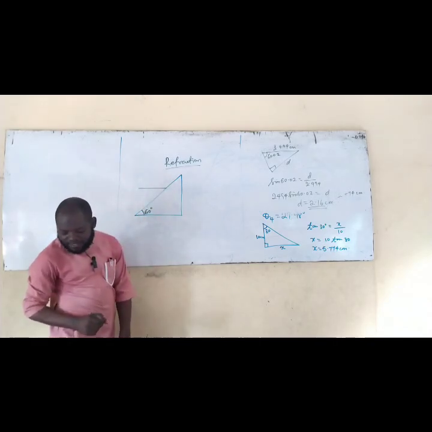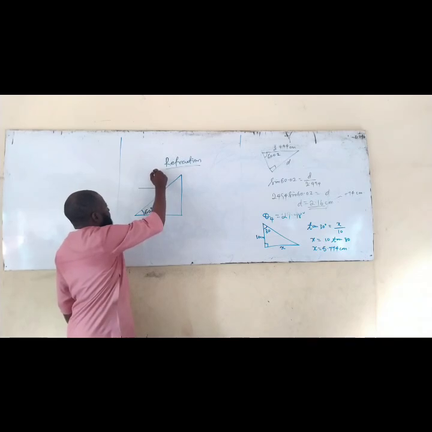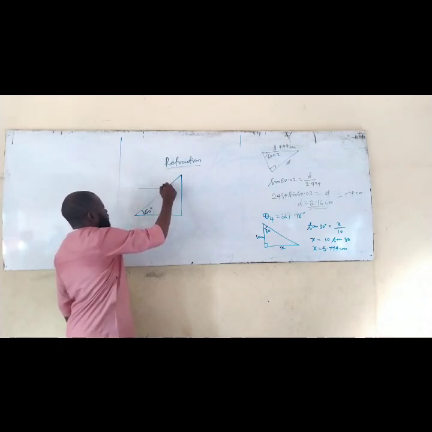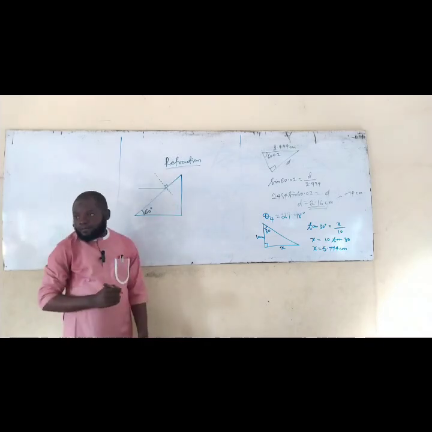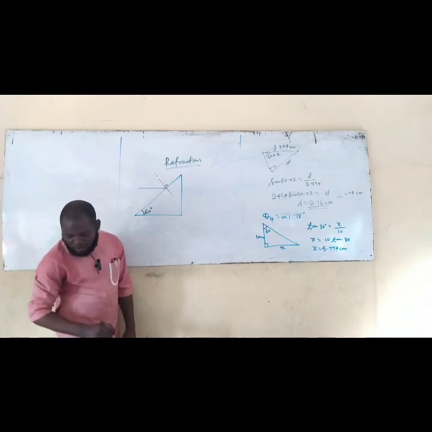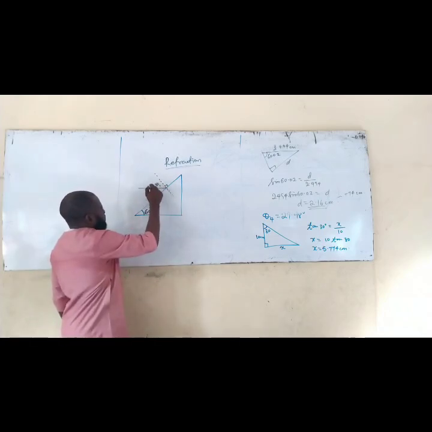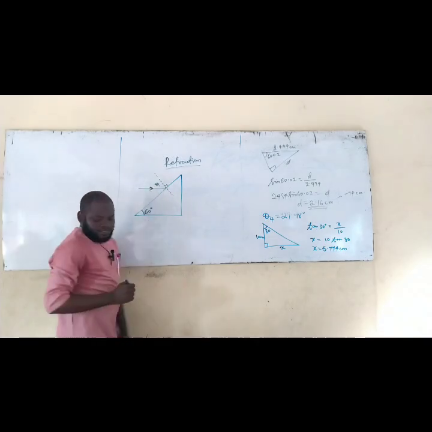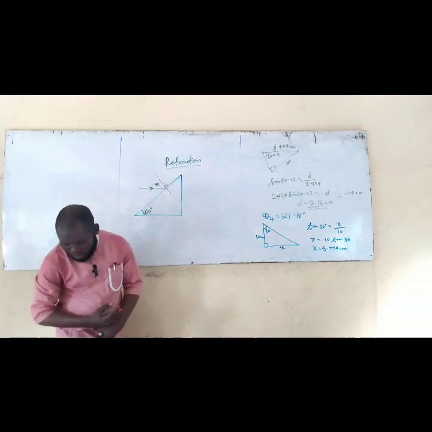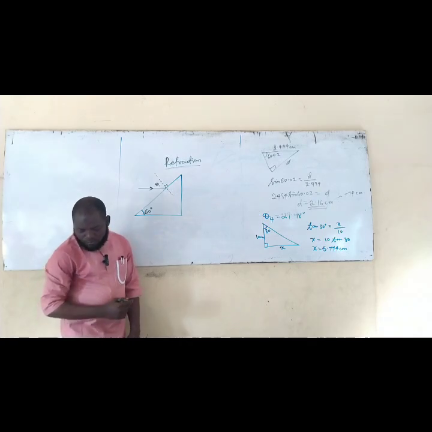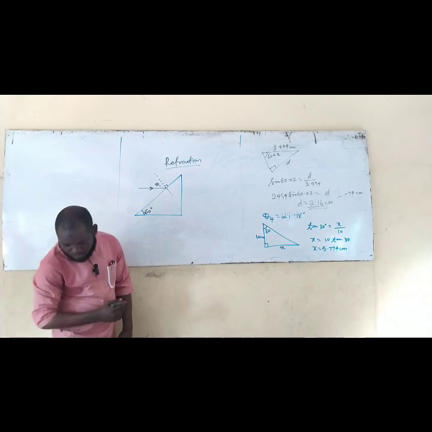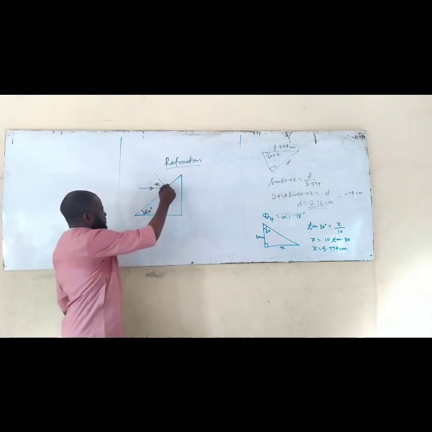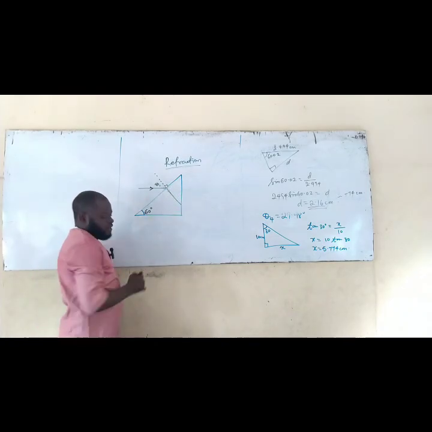This angle here is perpendicular to this surface, this normal. Remember, normal is always perpendicular to the surface. So this is 90 degree. Let me call this angle here theta 1. This is the ray that is entering. This ray of light travels and strikes this.